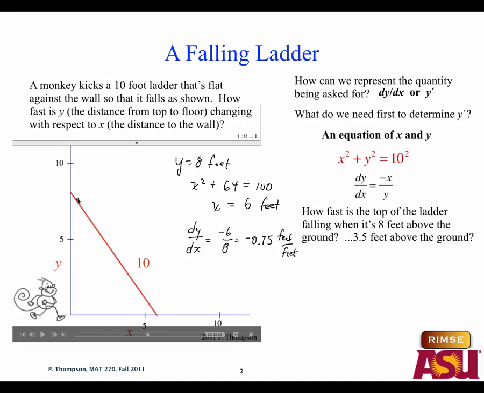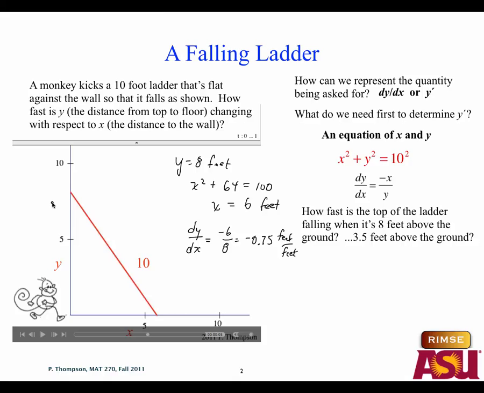What's that? With a small change in x. I was going to say when y is equal to 8, at that rate, so it has to be at that specific point. Okay, so in this particular scenario, when y is 8, for a small change in x, is y going to come down more or less than that change in x? Less, about 3/4 as much, right?